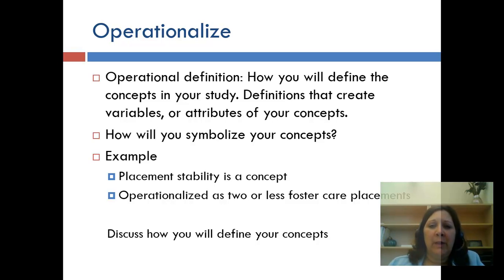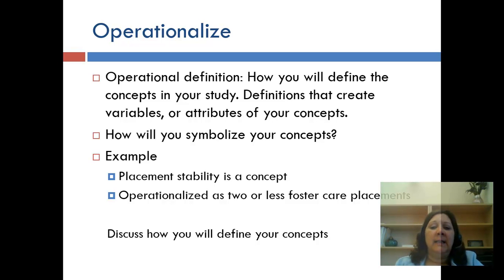Then we have to operationalize them, and that means define them. Okay? So when we operationalize something, we're defining the concepts. And that helps us create variables. So how do you symbolize your concepts? So placement stability is a concept, and it has been operationalized or defined.